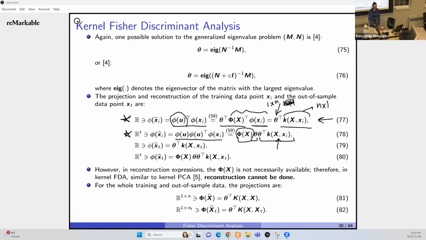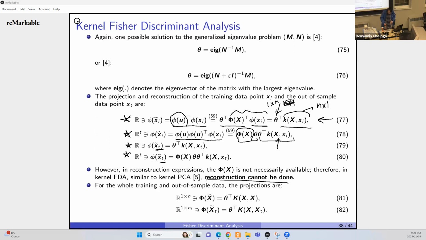As a result, reconstruction in kernel PCA and kernel FDA is not possible. Do you remember? In kernel PCA, we couldn't reconstruct. In kernel FDA, we also can't reconstruct. Also in the test phase, for out of sample data, reconstruction cannot be done.